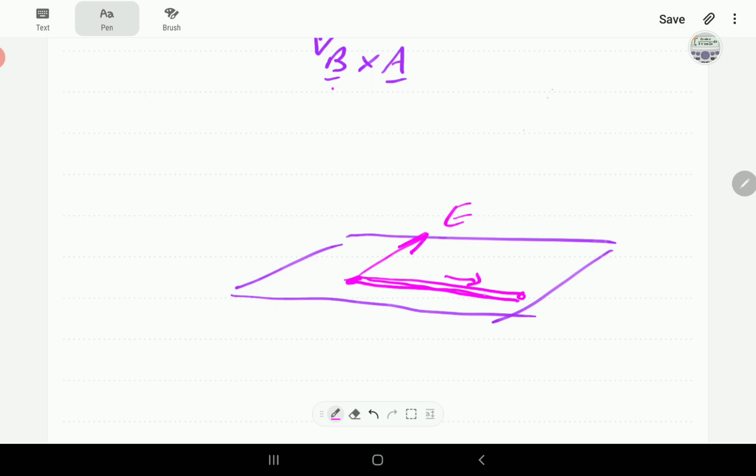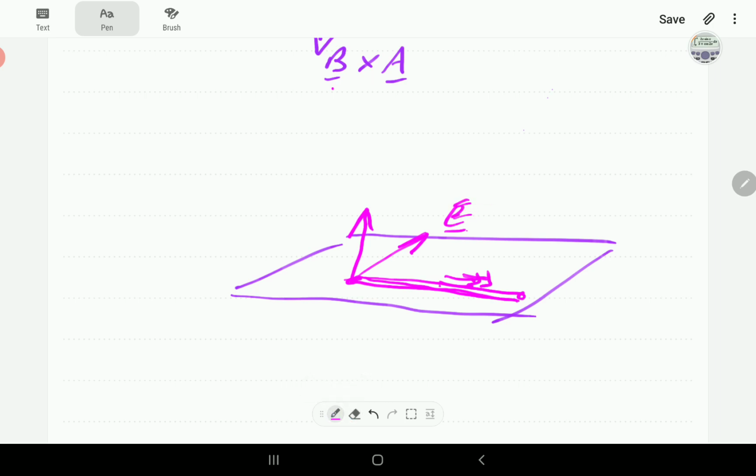That's the direction of the current. Then the wire is going to move, and the direction of the movement is going to be in the direction of the cross product of the direction of the current and the, I mean the magnetic field.